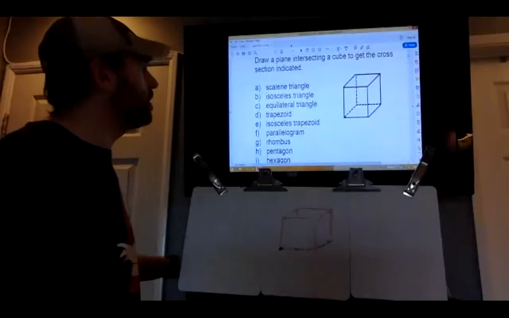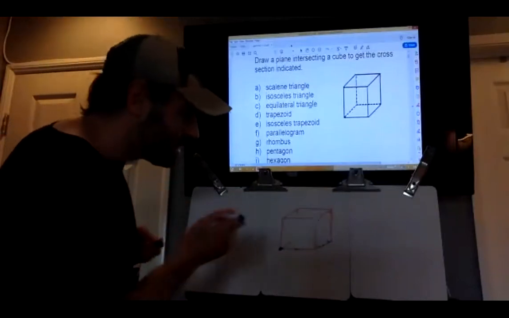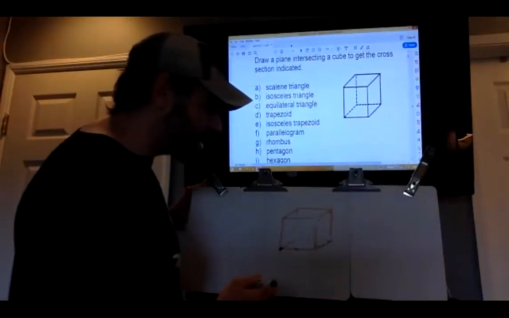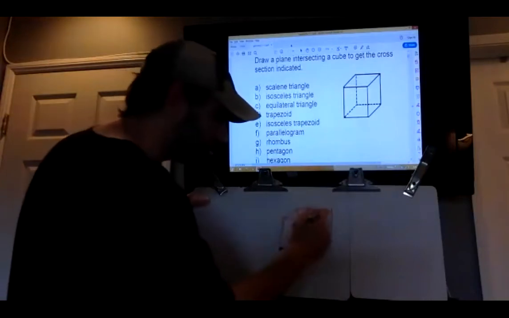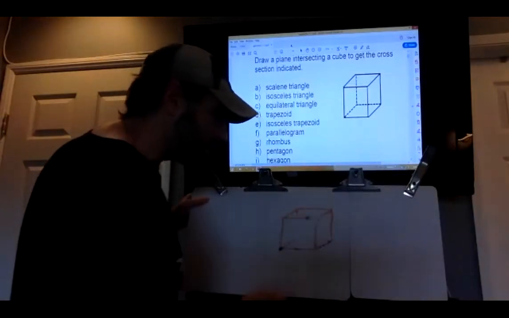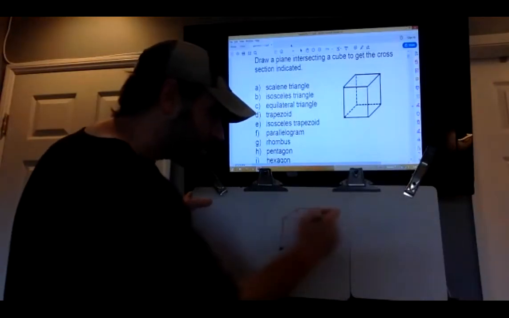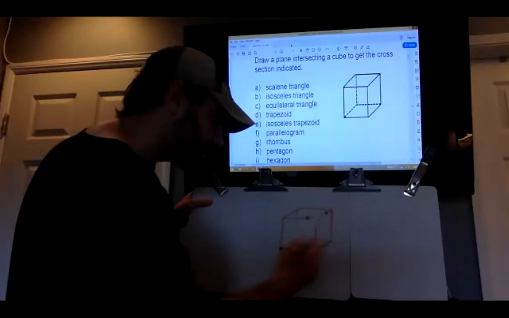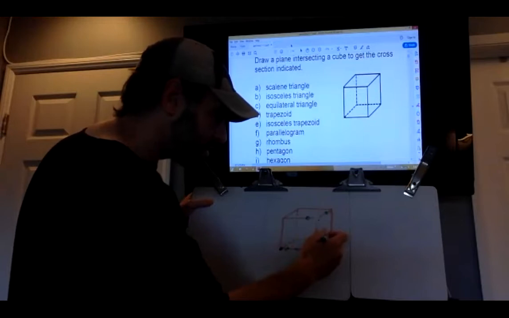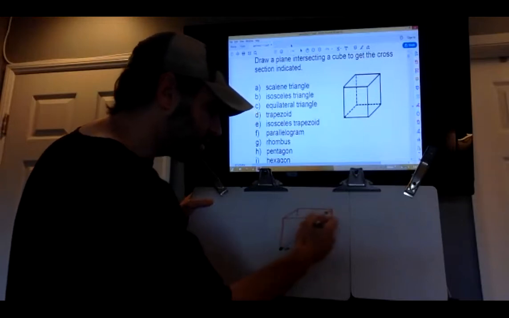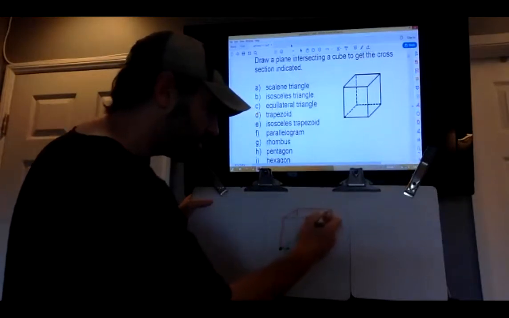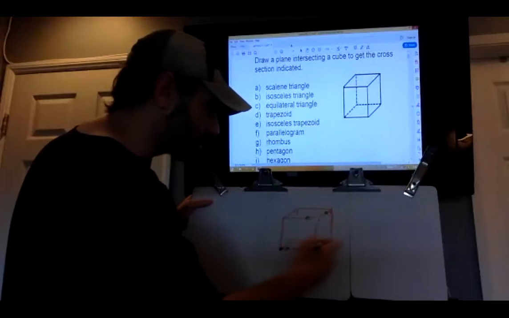All right, so trapezoid. Let's see. How will I make it? If I do maybe something here, and I go to here, and then I put this one back here, it needs to be at the same slope as this one.